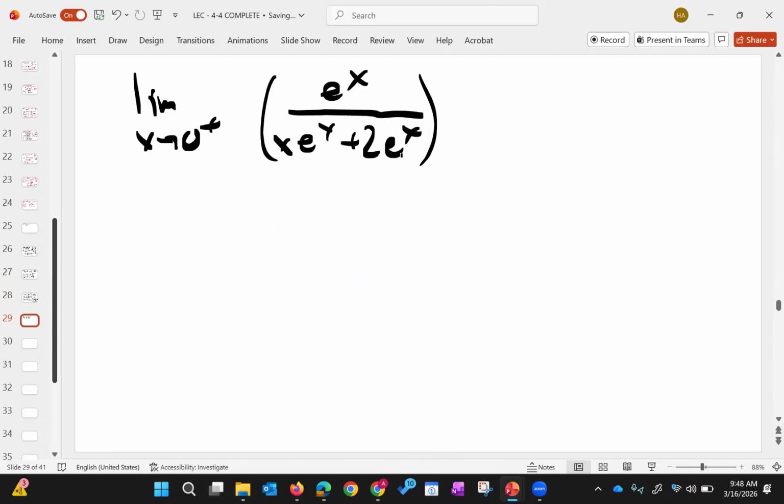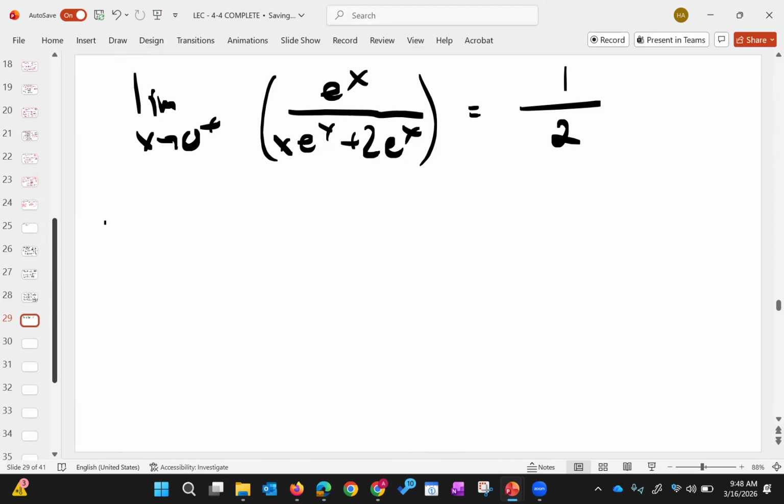Is that right? Yeah. When I plug in my 0, on top I get a 1. On the bottom, that becomes 0 here, but that becomes a 1 times 2. I got myself a 1/2.